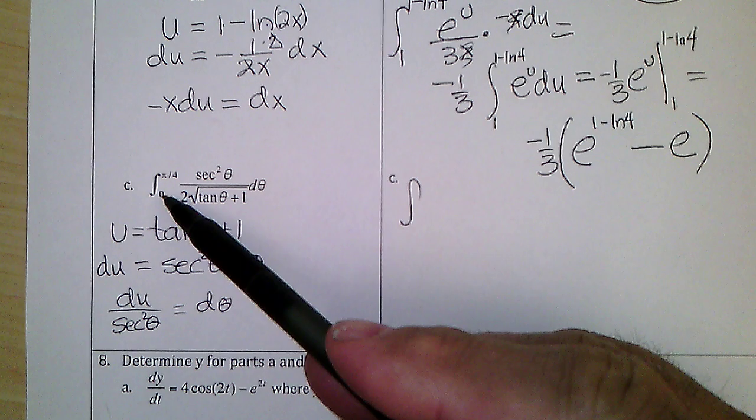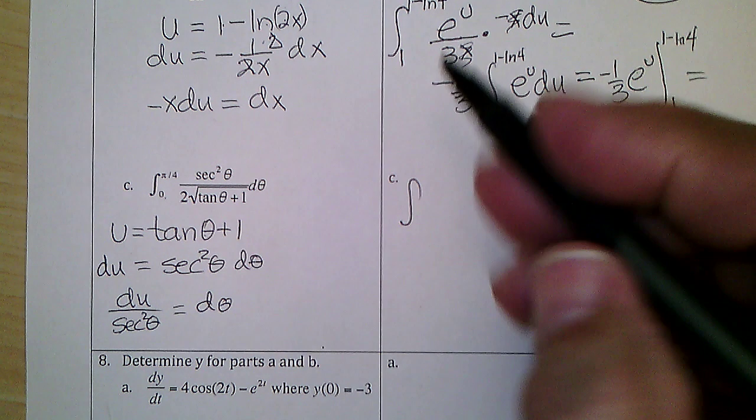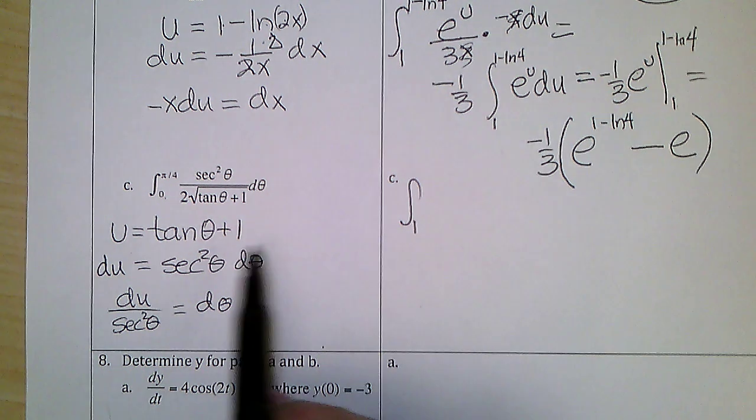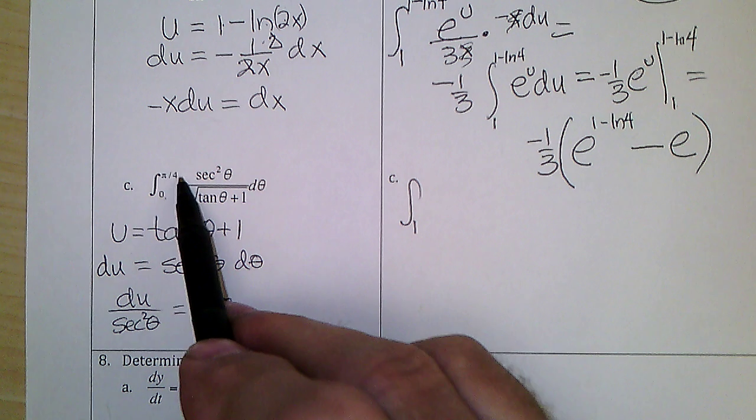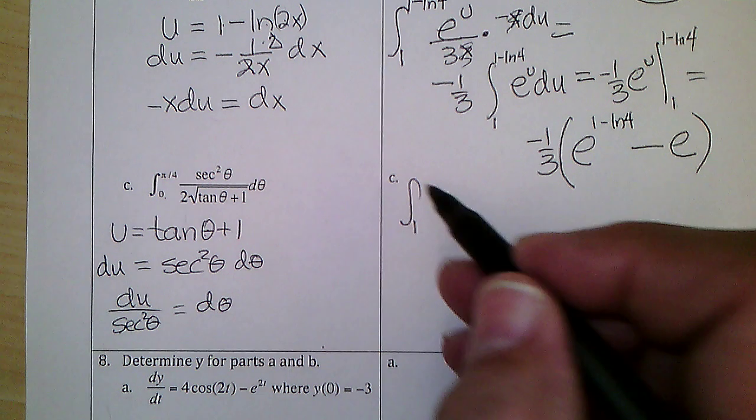Now, if I change the limits, if I put 0 in there, tangent of 0 is 0 plus 1 is 1. Tangent of pi over 4, you need to know the unit circle. Tangent of pi over 4 is 1 plus 1 is 2.